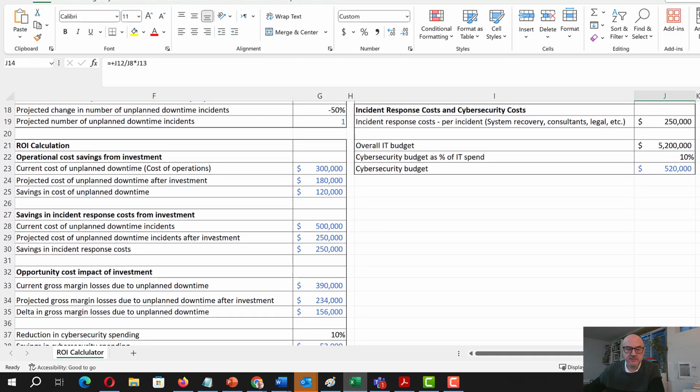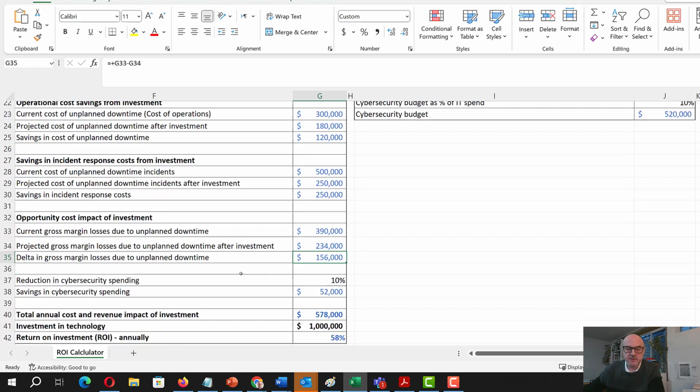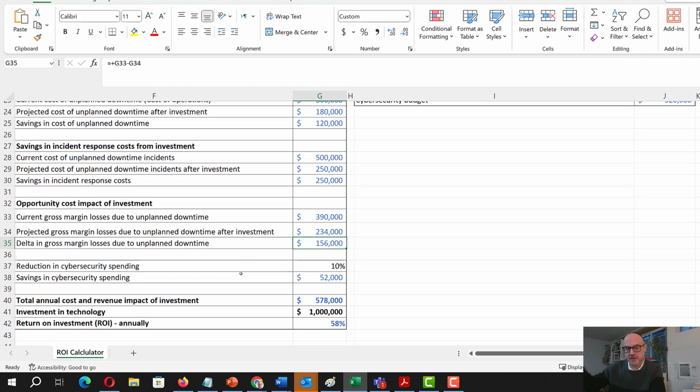Therefore, if they can improve their unplanned downtime, they can improve their gross margin by $156,000. This company also hypothesizes that they can save their clients money in cybersecurity spending.